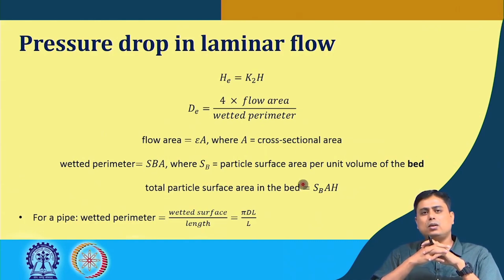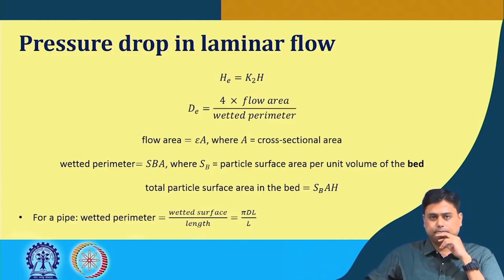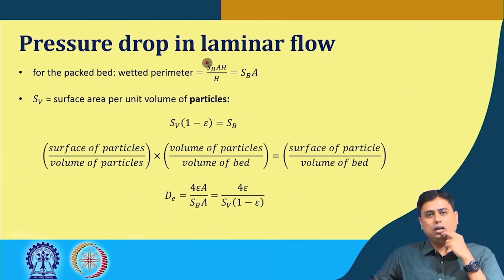The wetted perimeter is the wetted surface by the length, which is pi d L by L. For a packed bed, the wetted perimeter analogous to that will be S B A H divided by the length of the packed bed, and that gives S B multiplied by the A value. So, this would be our wetted perimeter.